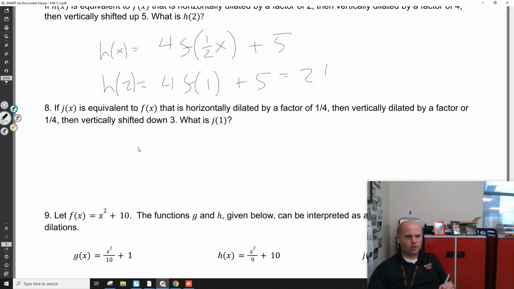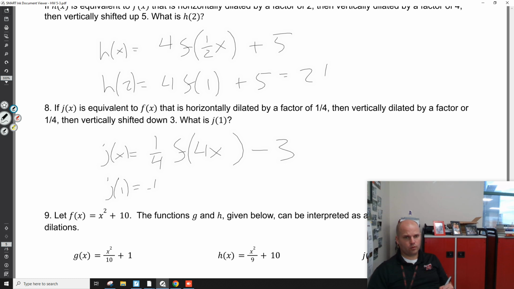Okay. J is equivalent to F horizontally dilated by a factor of 1/4. That's taking it by 4. Vertically dilated by a factor of a fourth. Okay, that's a fourth. Vertically shifted down 3. Okay, so there's no horizontal shifting. What is J of 1? All right, I'll figure it out.